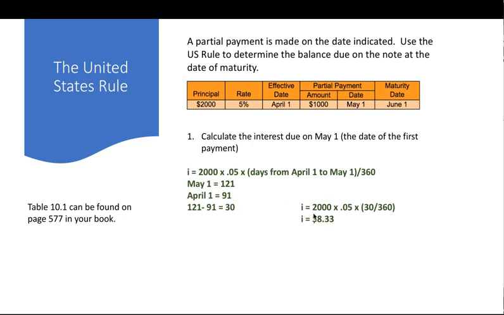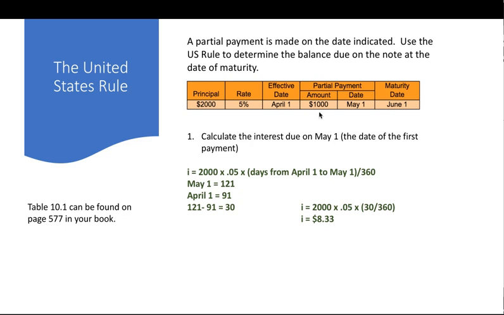Now I put that in my I equals PRT formula. So I've borrowed $2,000 at 5% interest for 30 days using the banker's rule. There are 360 days in a year. And the interest owed is $8.33. Okay, so do you understand? On May 1st, I owe $8.33.